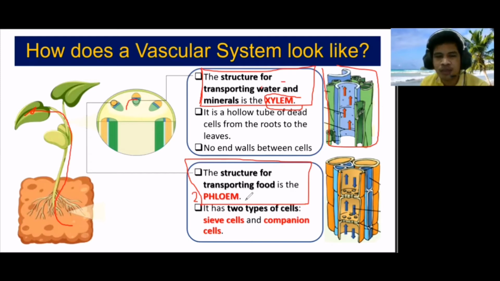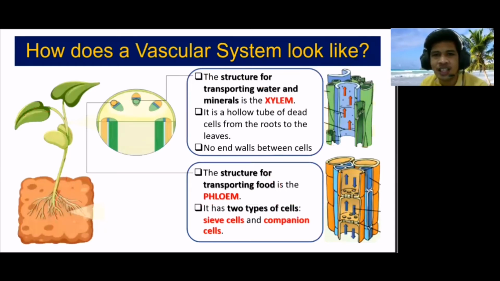Phloem transports food. What is the food again? We have glucose. The food is glucose or sugar, okay? Glucose or sugar.